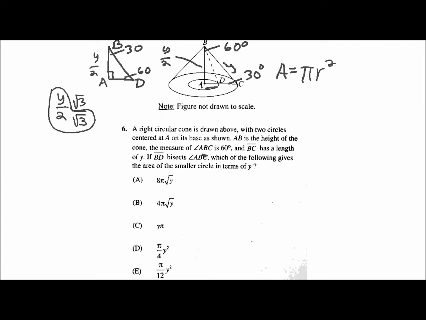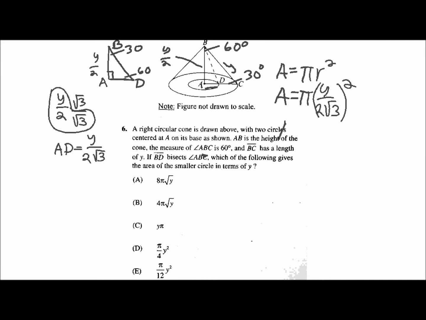So we now know that AD equals y over 2 times the square root of 3. That's this part right here. So that's also the radius r in our area formula. So we're going to now go over here to our formula and plug that in. A equals pi times y over 2 times the square root of 3, and we're going to square that.